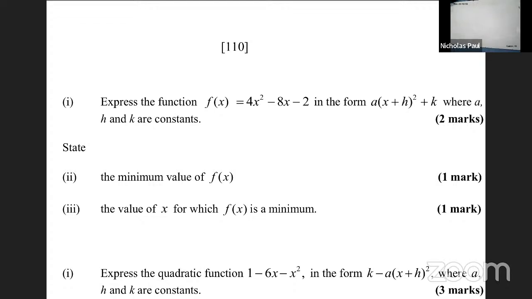If that's the minimum value, the x bar here. There you go.